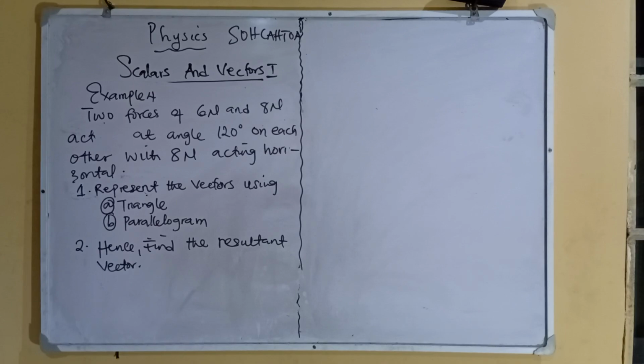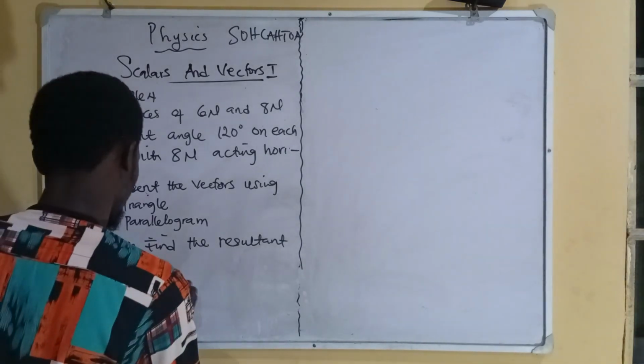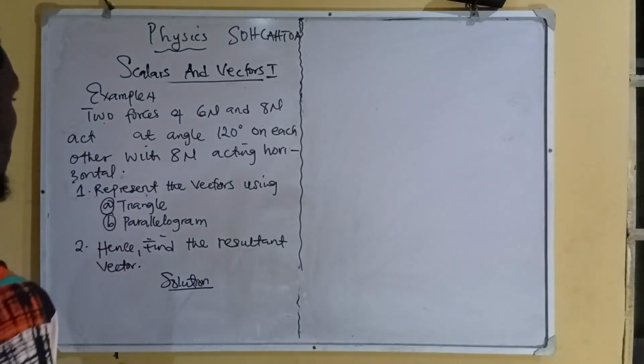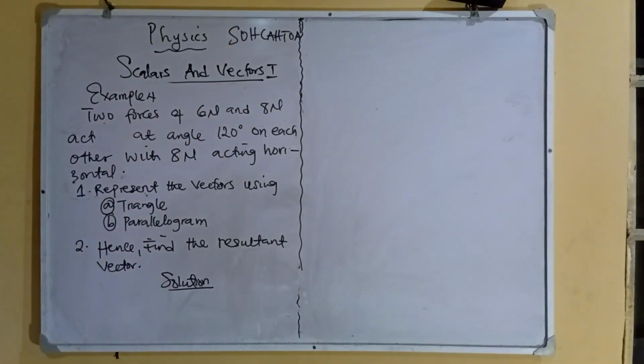All right, let's see how we can represent these vectors using a triangle and a parallelogram. Most of the time, we may not be able to draw the diagram to scale, but you have to make sure that your diagram reflects the question.